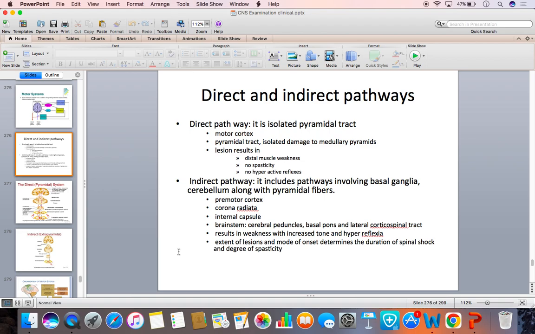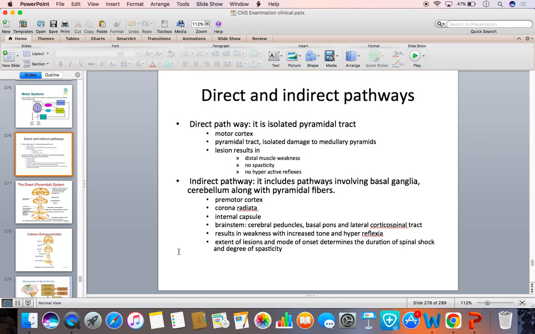What is the indirect pathway? It includes pathways involving basal ganglia, cerebellum, along with the pyramidal fibers. You remember this point. It could be at the premotor cortex or corona radiata or internal capsule, brainstem, that is cerebral peduncles, basal pons, and lateral corticospinal tract.